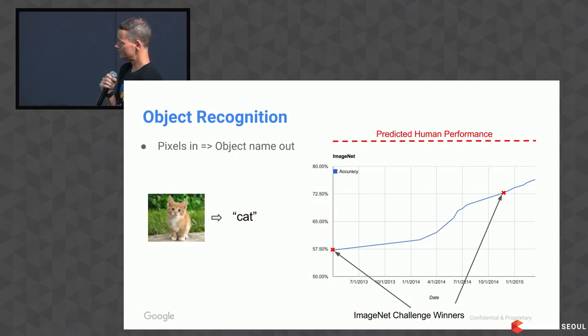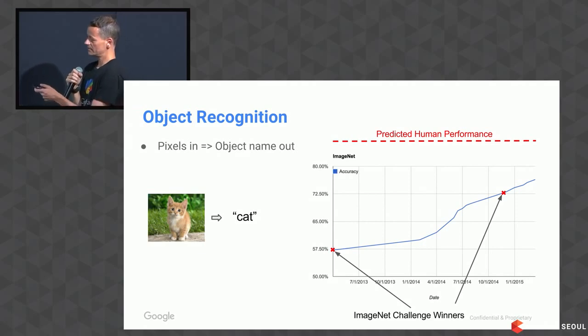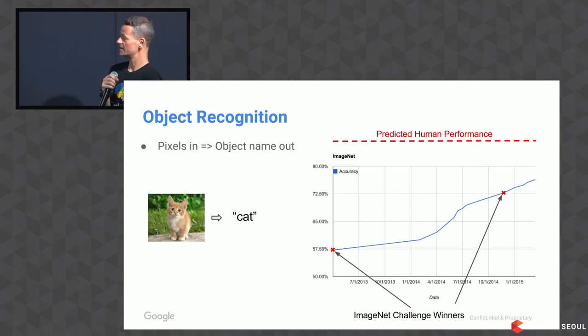So here we have a chart over time. This is from a benchmark called ImageNet. And in 2013, we had about 57.5% top one performance on this pretty difficult task. This is about 1,000 classes on the output side. And just a year later, it was at 72.5%.